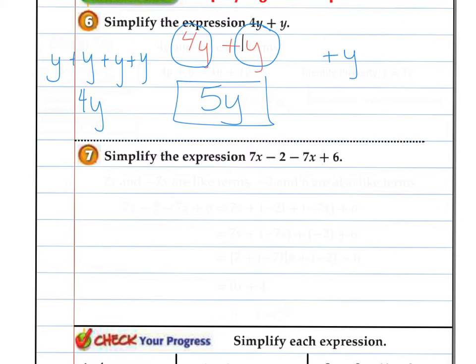So in this one, you might want to rewrite it if you have a hard time with the signs. So this is the same as, if you add the opposite on all of these, so then -2 plus -7x plus 6.